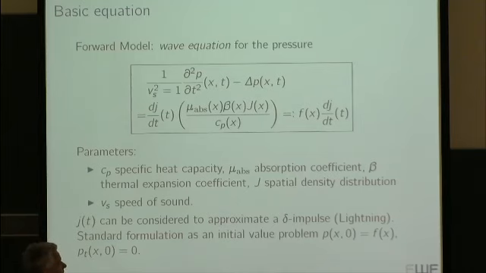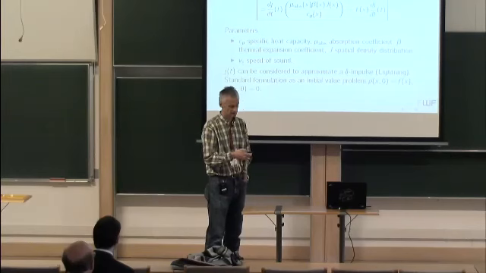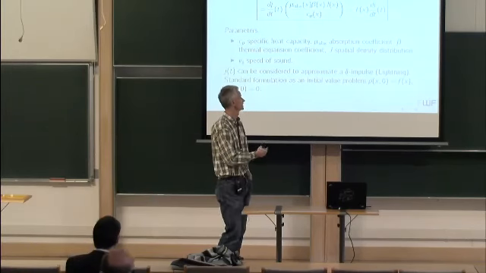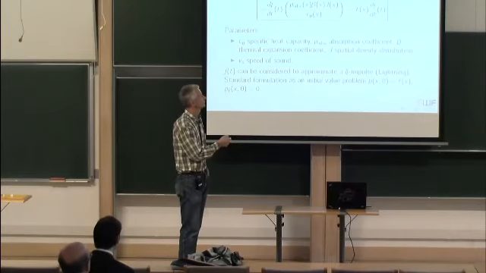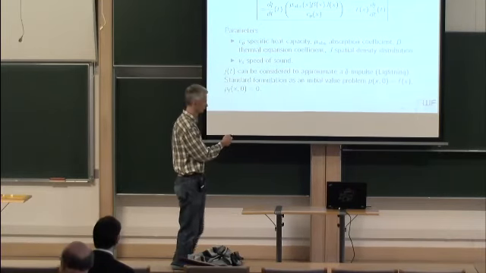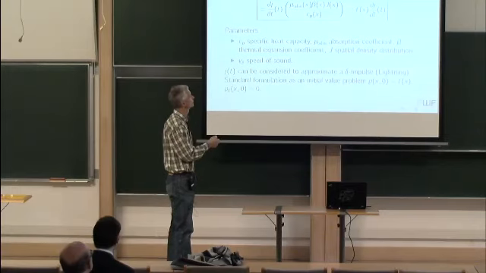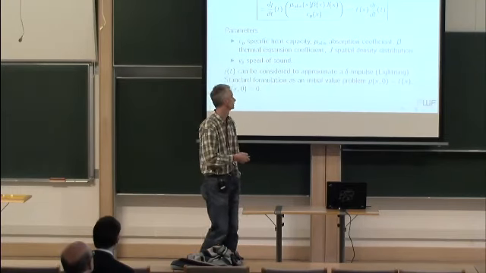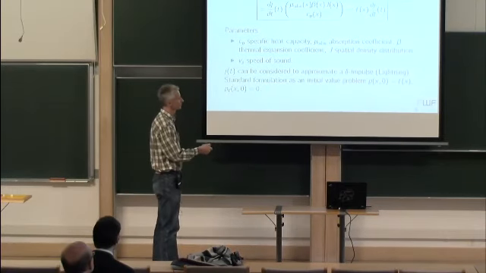There's a different formulation, because usually the excitation of the electromagnetic energy is done by a laser. So you can assume that this function J models the laser, and typically the excitation is very short, so you can put in for this function J a delta impulse, which allows you to retransform this equation as a homogeneous wave equation with inhomogeneous initial conditions.